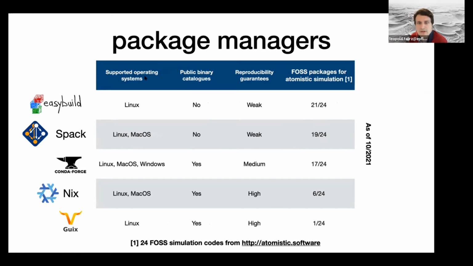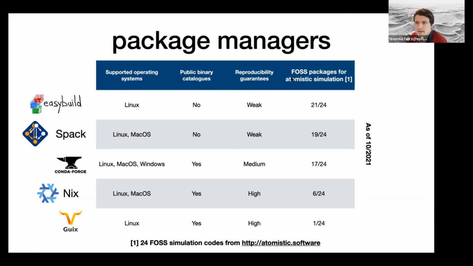One is the operating systems that are supported. Then whether there are publicly maintained binary catalogs and also what the reproducibility guarantees are. And finally, it also matters how large the community is, how much work has already been done, and therefore doesn't need to be redone by you as a maintainer of the build recipe.